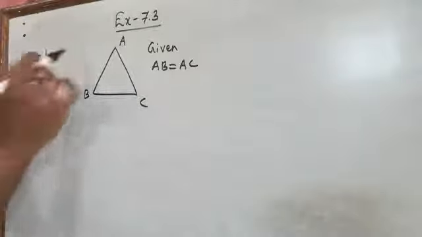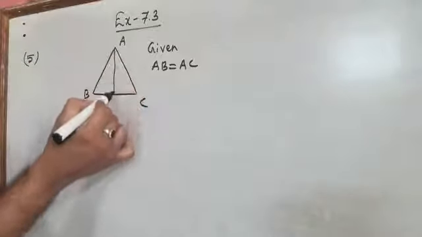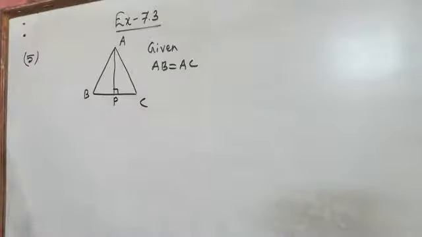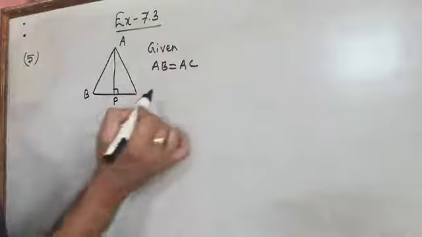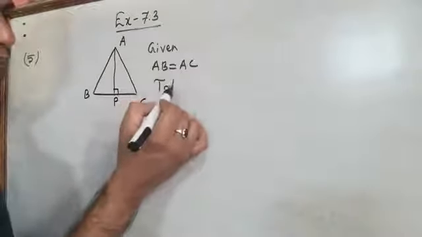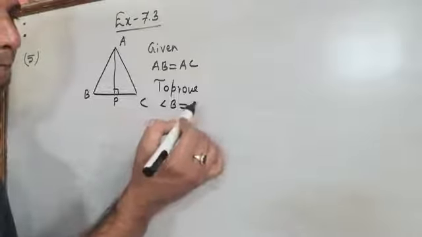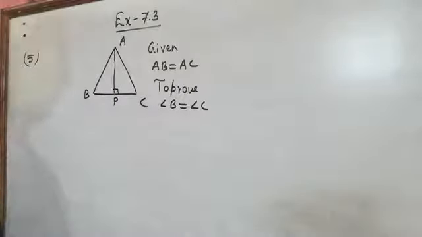Now we have to draw one perpendicular AP. AP is perpendicular to BC. Now prove that angle B is equal to angle C.